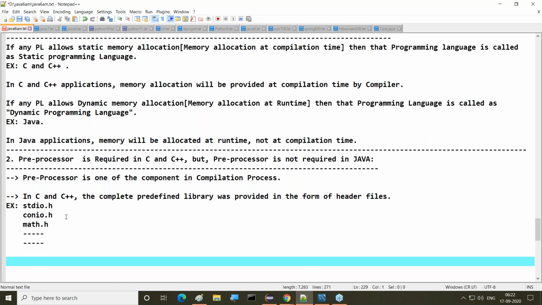Good. Next point: if you want to use the predefined library in C and C++ applications, some predefined functions might be available, am I right?